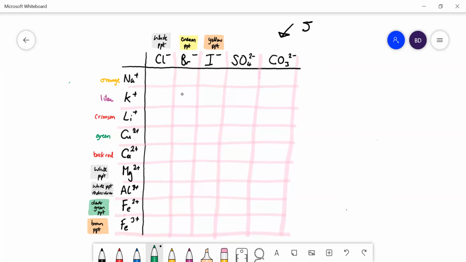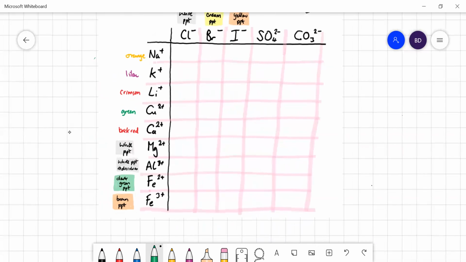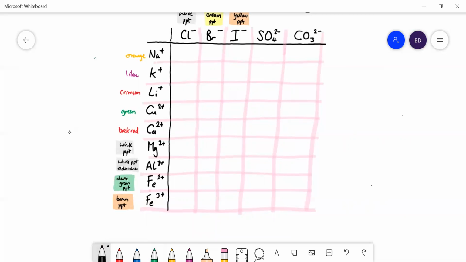Right, now the other bank of tests to identify positive ions is you add sodium hydroxide solution to the solution that you're interested in. Okay, so you can detect all of these actually, including copper, which I haven't done there, and you'll get a different precipitate depending on which ion you've got.